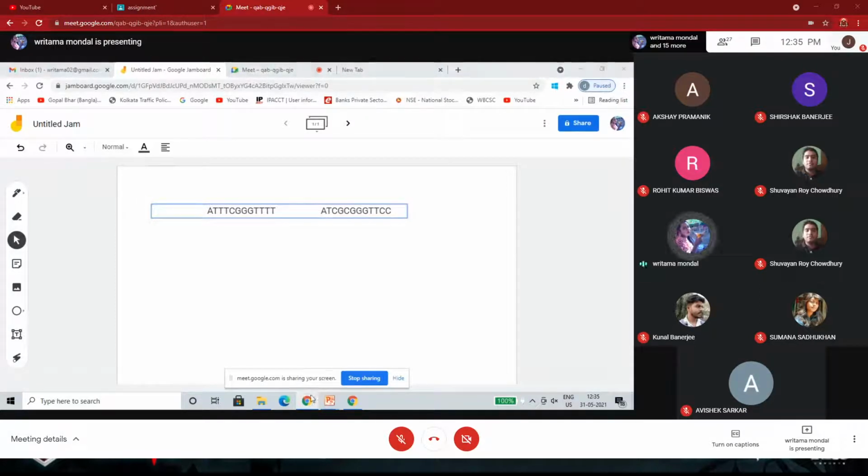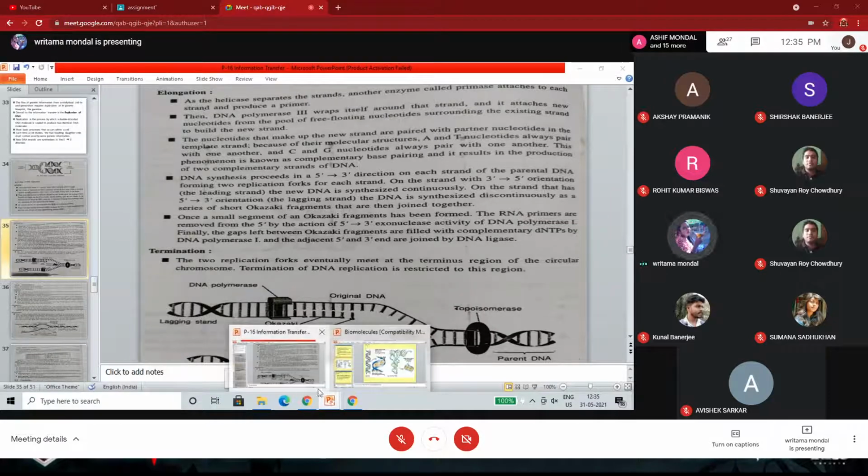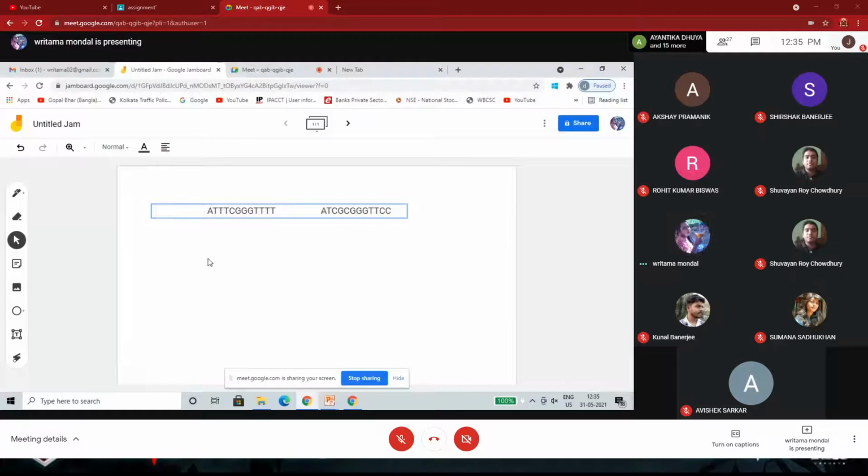Who fills that gap? DNA polymerase and dNTPs. They fill the gap because DNA polymerase can add only DNA sequence. So in the lagging strand, DNA polymerase 1 fills the gaps between Okazaki fragments. These are Okazaki fragments. So this is filled.